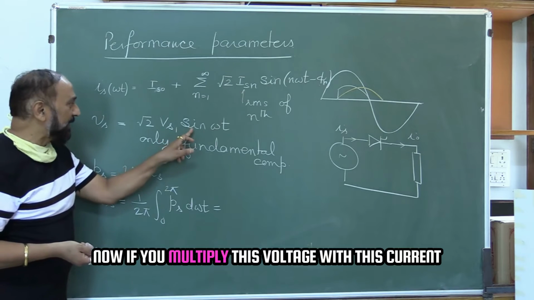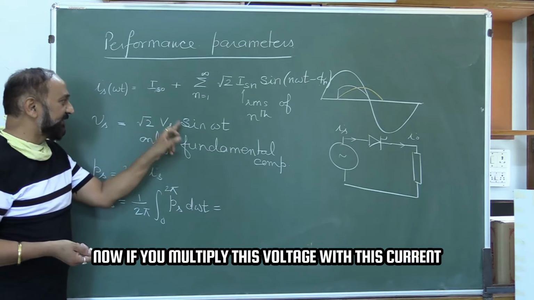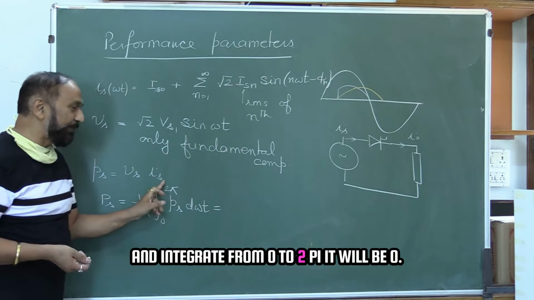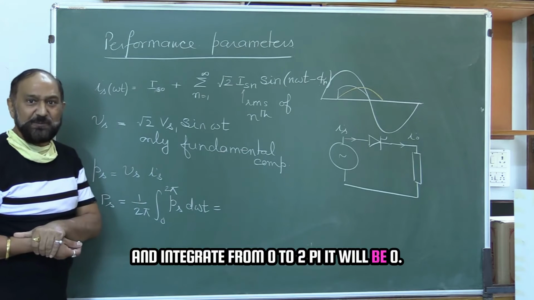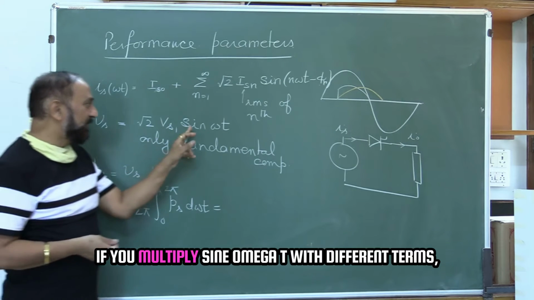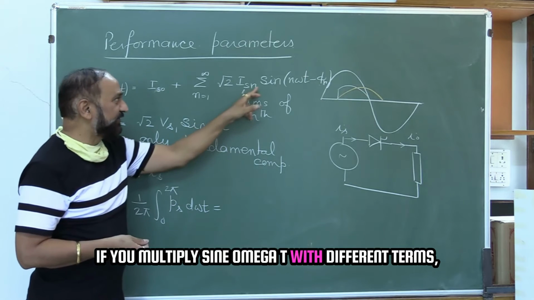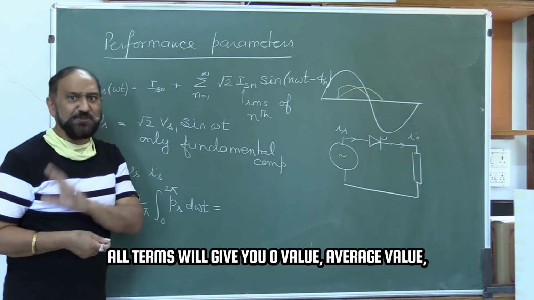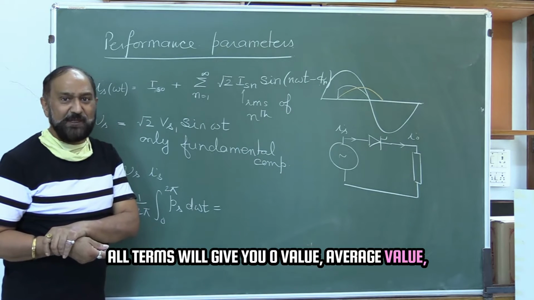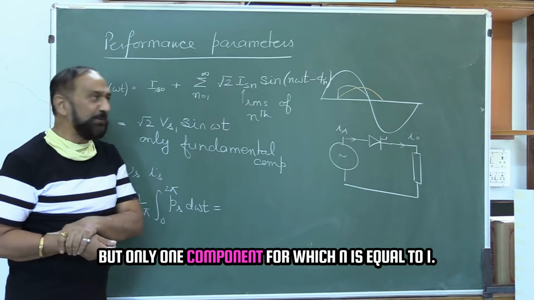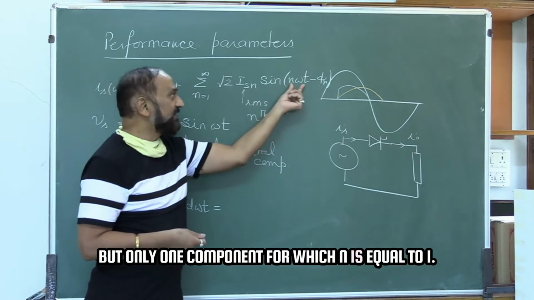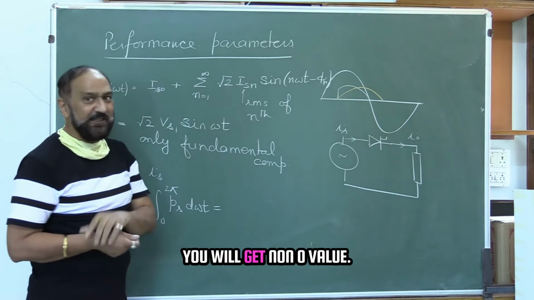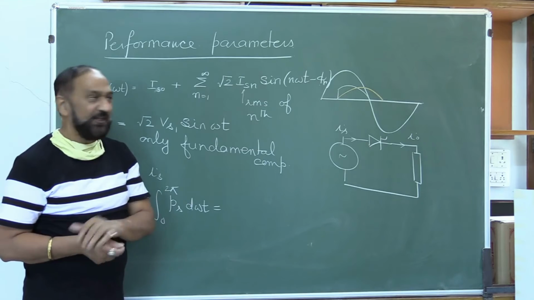Now if you multiply this voltage with this current and integrate from 0 to 2 pi, if you multiply sin omega t with different terms, all terms will give you 0 average value, but only for the one component for which n is equal to 1 will you get a non-zero value.